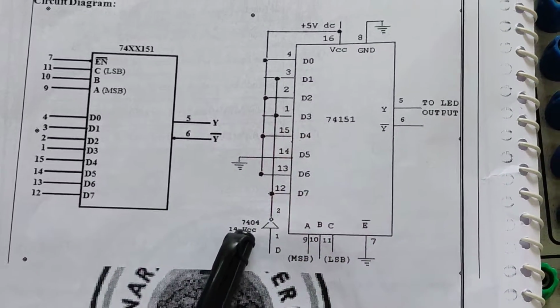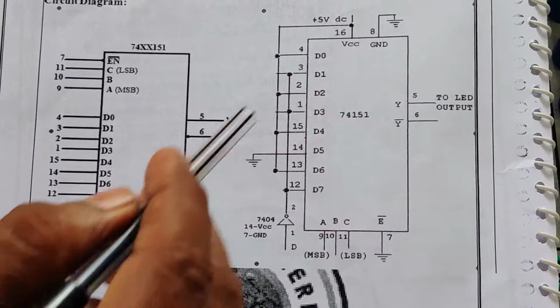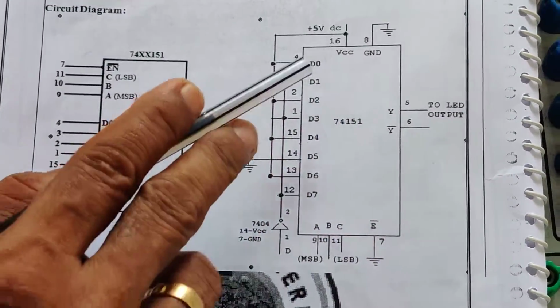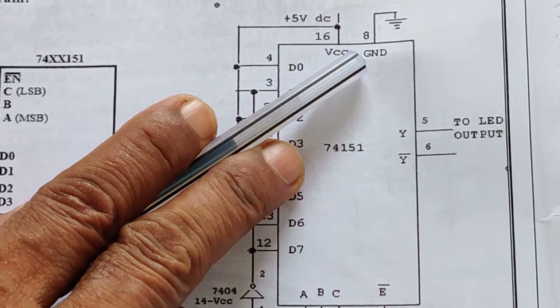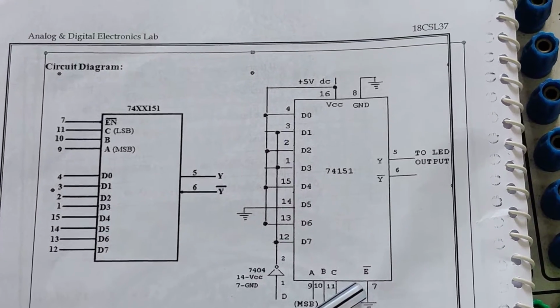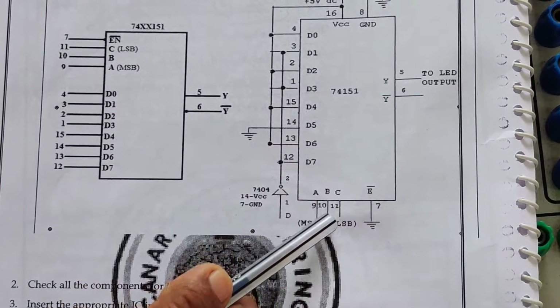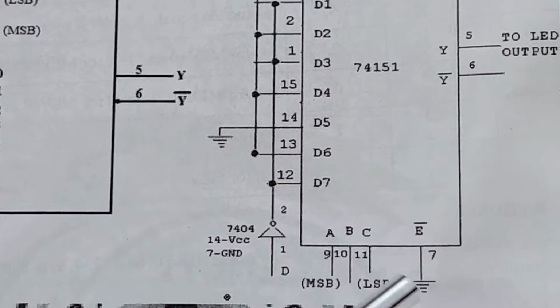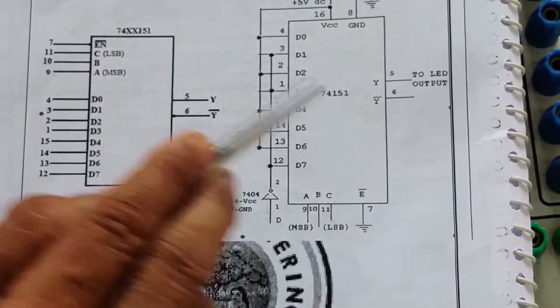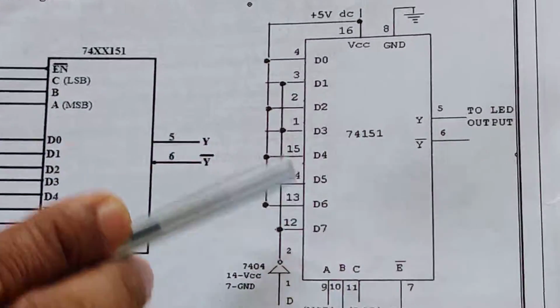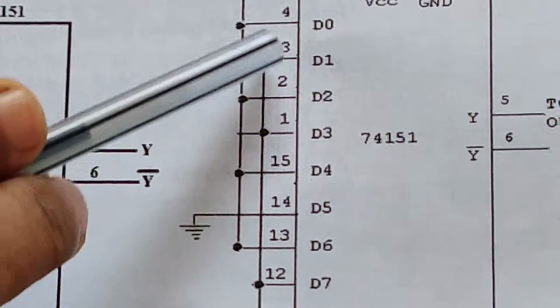Now this is the circuit diagram. In the circuit diagram we are using a 16 pin IC. In that, pin number 16 is VCC and pin number 8 is ground. Other than that we have one more pin called the strobe pin. You have to connect pin number 7 to ground. When you connect pin number 7 to ground, only then will this IC get enabled. Other than that, these are the data pins: 4, 3, 2, 1, all these are data pins.